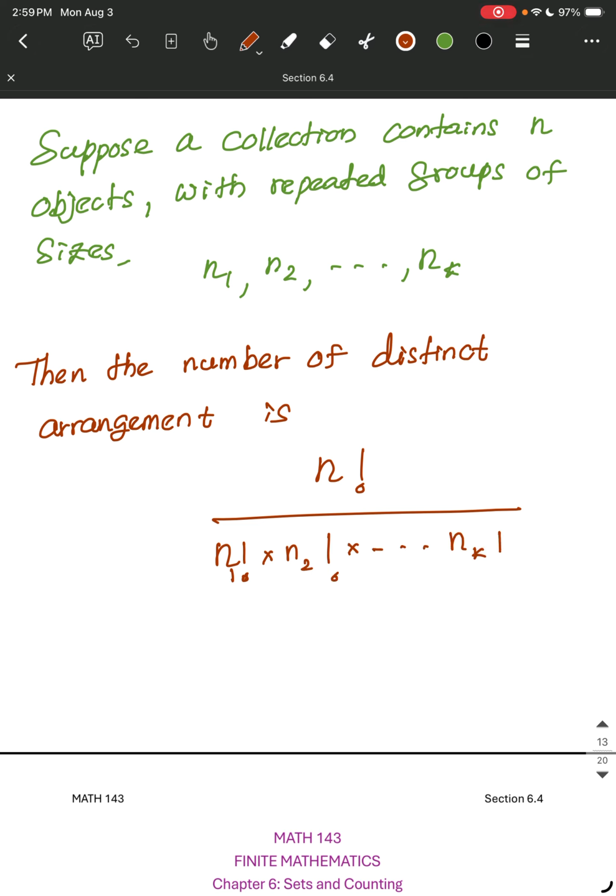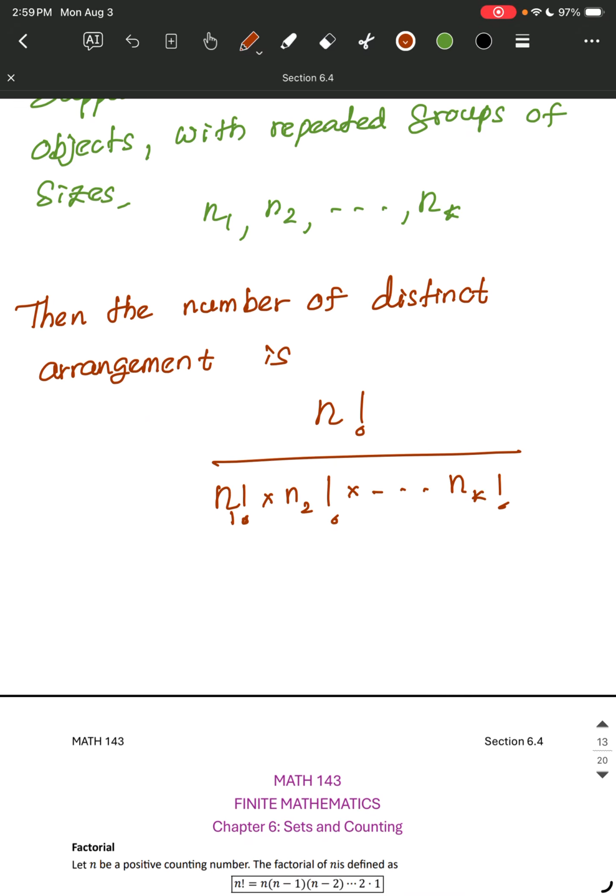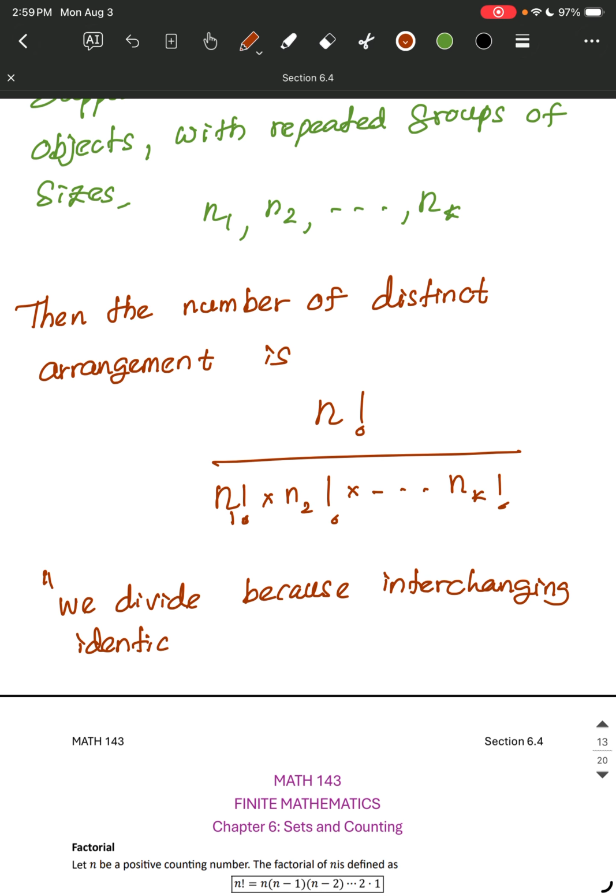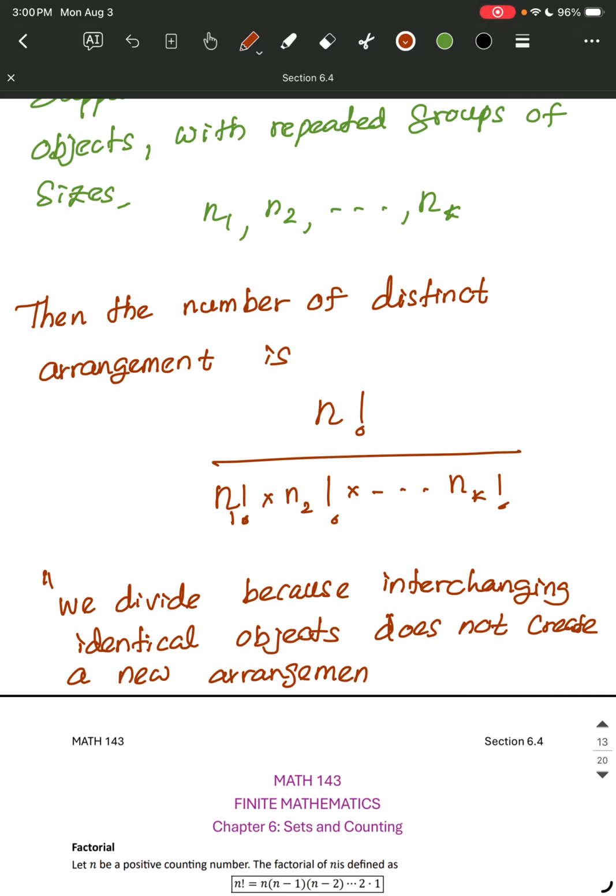So we divide because interchanging identical objects does not create a new arrangement. Right? Okay, let's see an example.